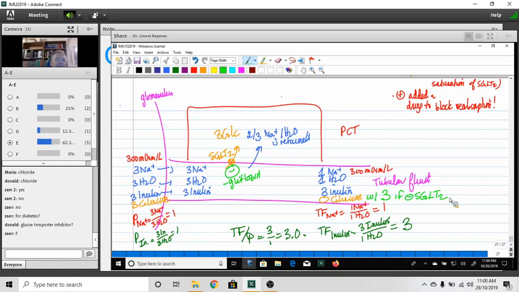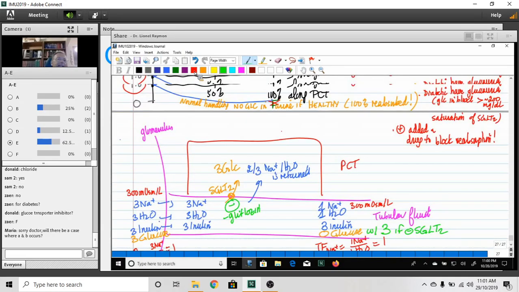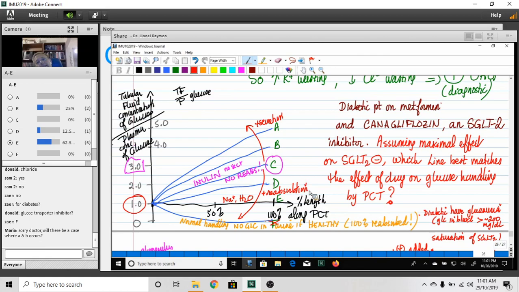By the way, when you look at this diagram, anything below 3.0, you've removed. And obviously at 3.0, there's no secretion, no reabsorption. So can A and B occur?